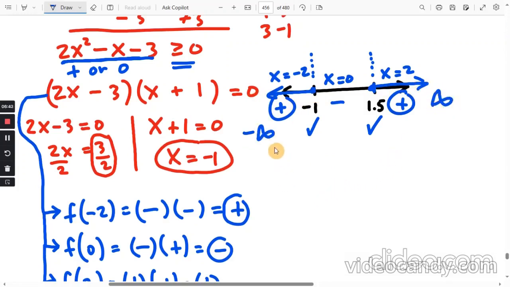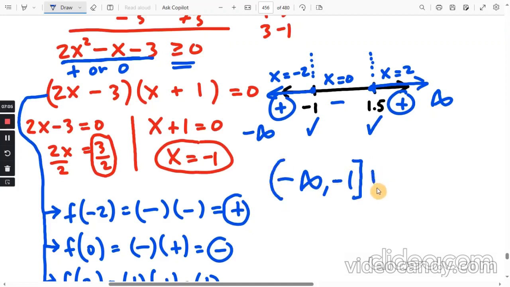So in interval notation, you start at negative infinity, use a comma, and it goes to negative 1, and it includes negative 1. It's greater than or equal to, so on the negative 1, you use the square bracket, but on infinity, you always use the rounded.